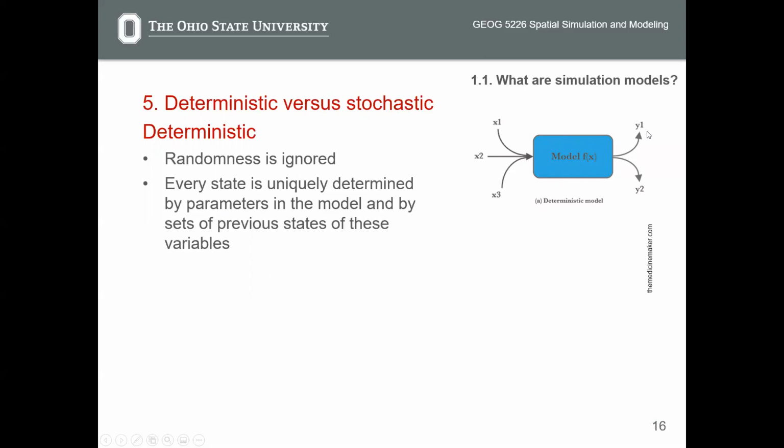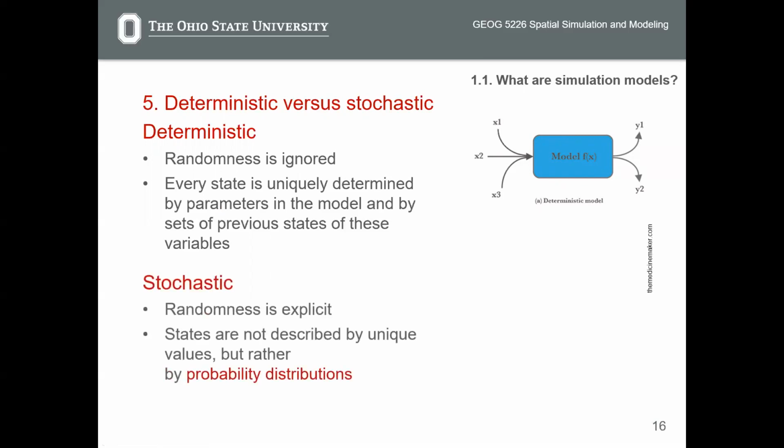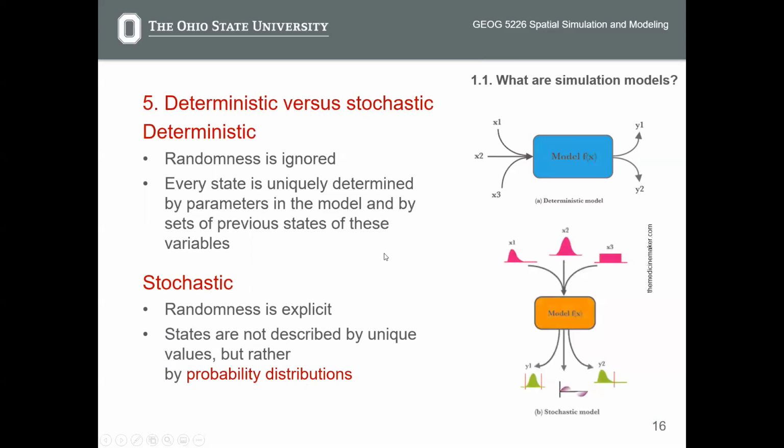That's a deterministic model. But there are more complex models. They're closer to the real world. They're called stochastic models or random models. Randomness is explicit. States are not described by unique values, but rather by probability distributions.